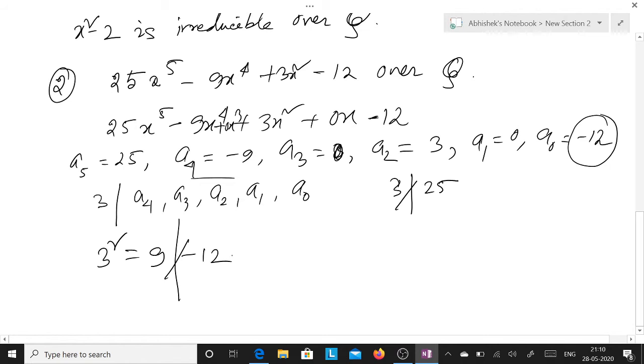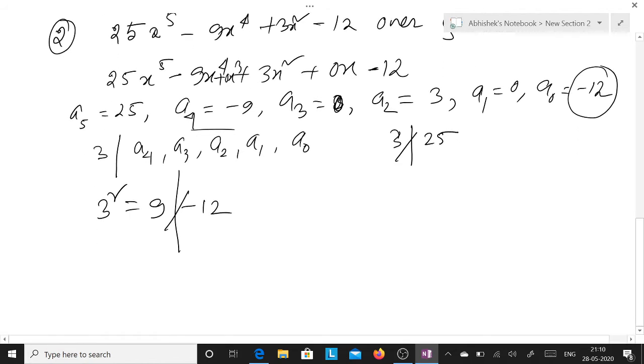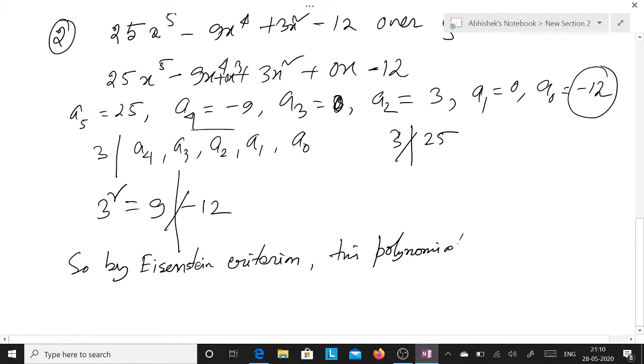So by the use of this prime, you can conclude by Eisenstein criteria that this polynomial is irreducible over Q.